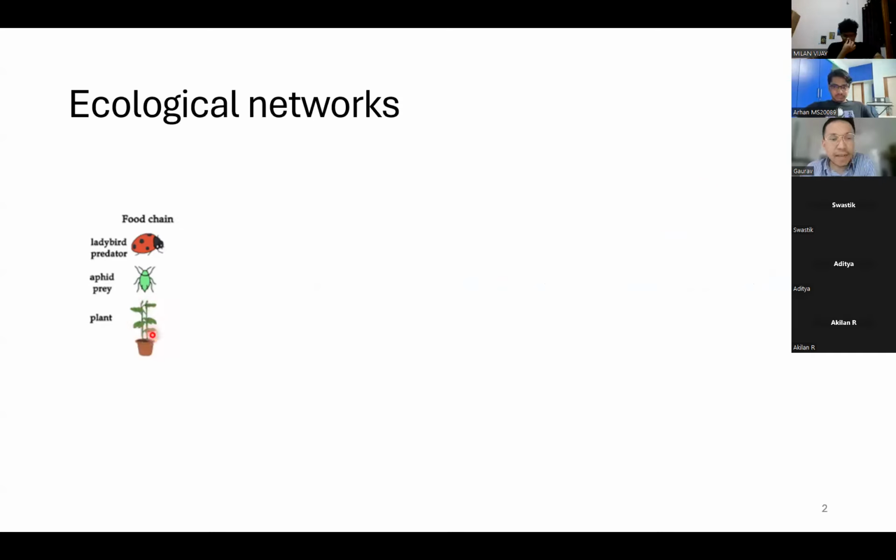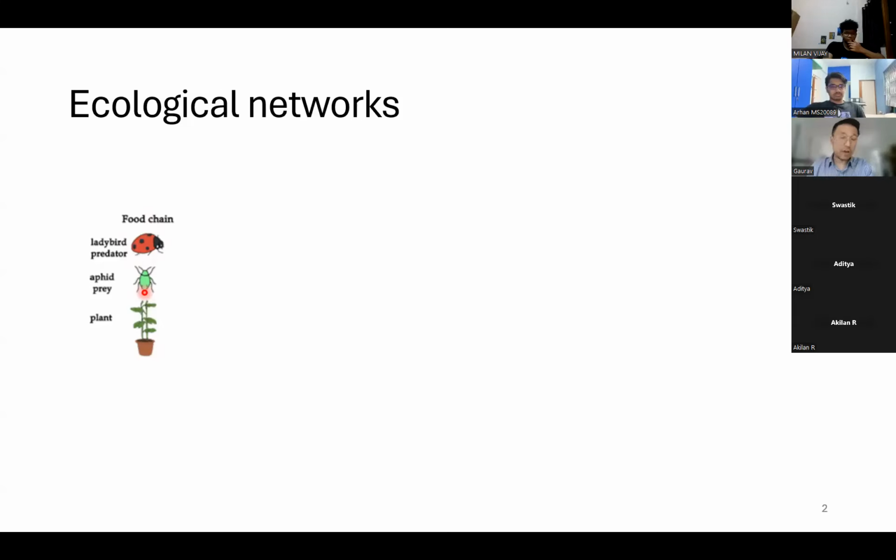Here the plant, Vicia faba, or pea plant, is host to the aphid, an insect which is a pest for this plant, a herbivore. And this herbivore is normally consumed by a ladybird, which is the predator. So this is one of the simplest ecological networks.